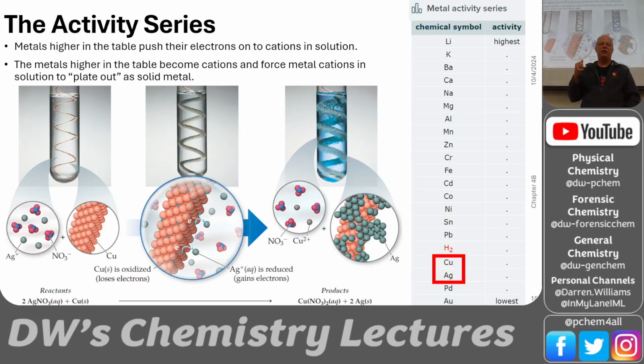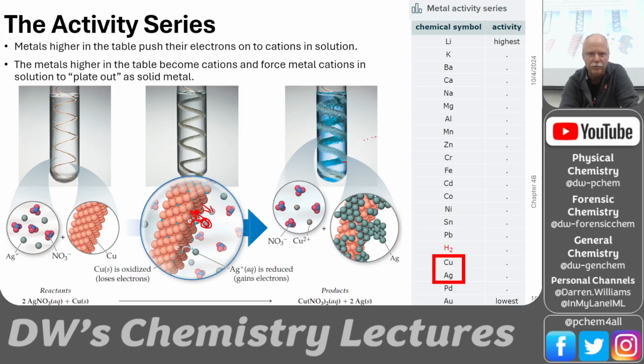We can see this is called a silver tree. You take a copper wire and stick it in silver nitrate, and this reaction takes place. The copper goes out of the metal here, and the silver starts to plate out on the copper. So here the electrons are going to the silver, and the silver is plating out and sticking to the surface, and then the copper cations are going into solution.